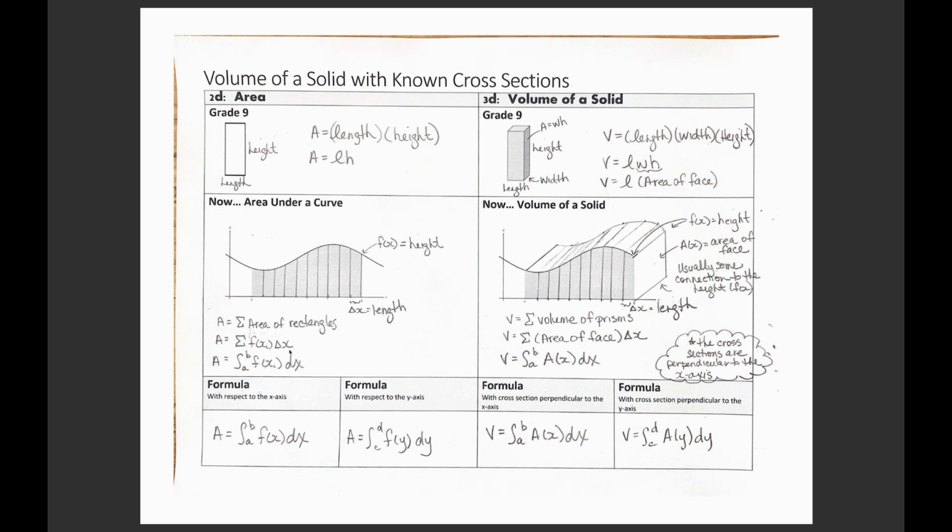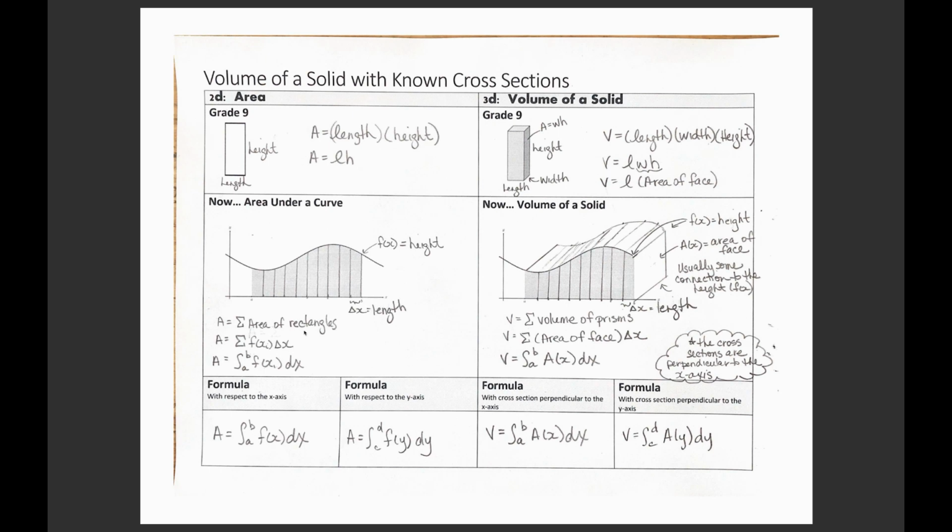So that delta x just became our dx, and our heights are represented by the function f at x. So the area under this curve with the calculus connection is that the area is equal to the integral from a to b of f at x dx. And that comes from the idea of finding area of a rectangle that we looked at in grade 9.